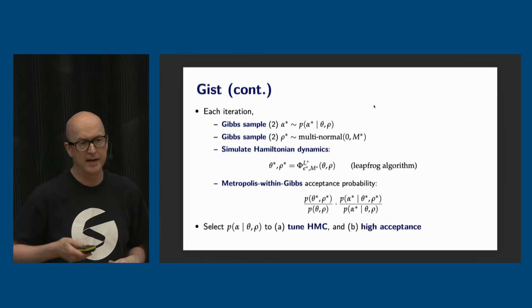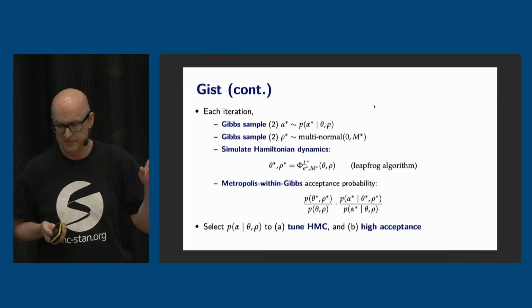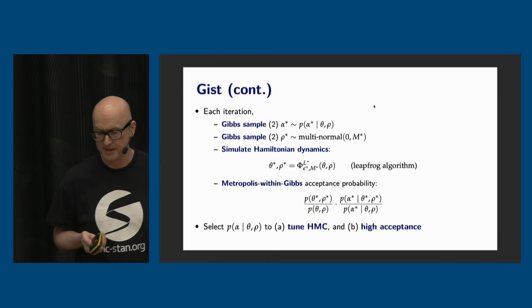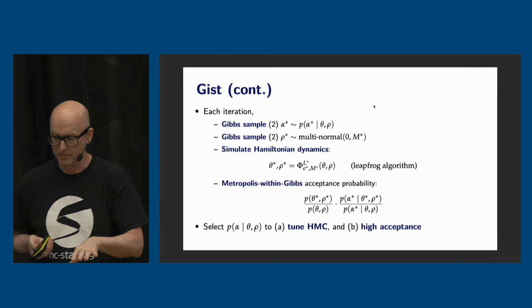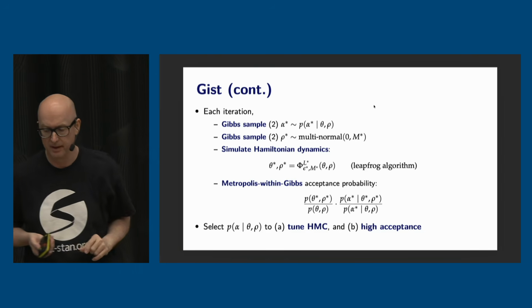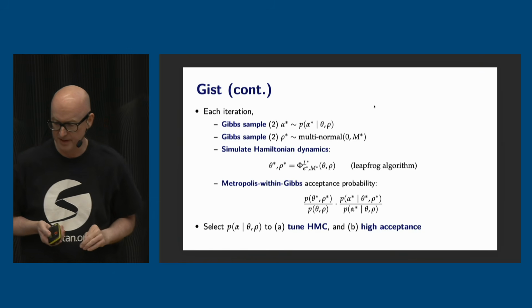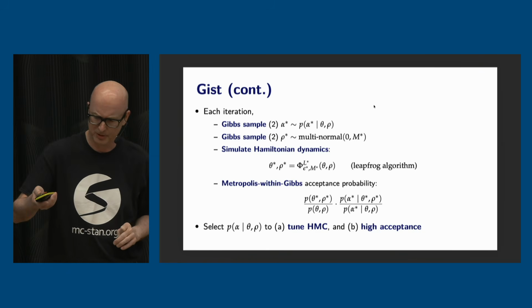Continuing, what's going on is every iteration, what GIST does is it first Gibbs samples the tuning parameters based on the position and momentum. Then it resamples the momentum based on that, based on the mass matrix that you sampled in the first step. Sorry, it should be Gibbs sampling 1 and 2.